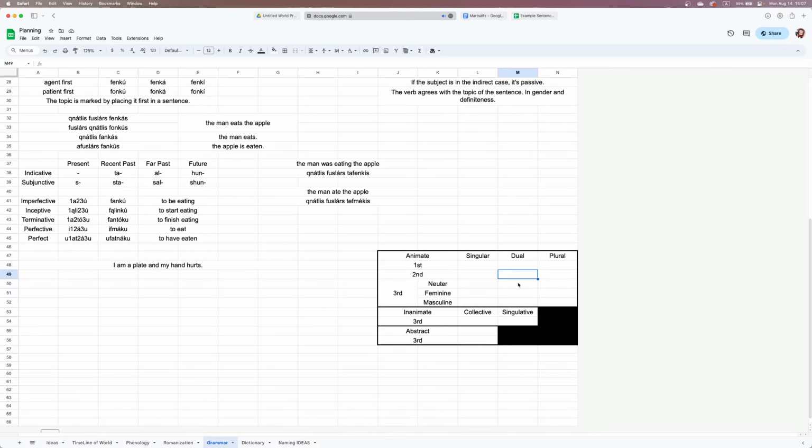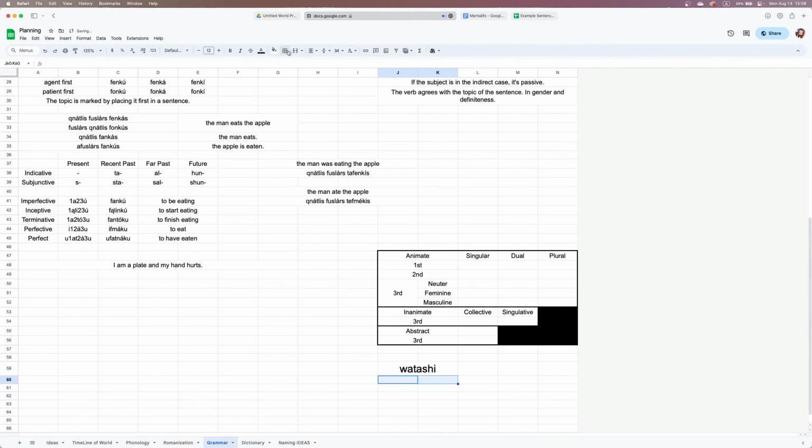Or you could have one base pronoun for each of the first, second, third persons, and then that is modified much more similarly to usually animate nouns. A good example of this, for those who know Japanese, is a word like watashi, which means I, me. That's the most basic first person singular pronoun.